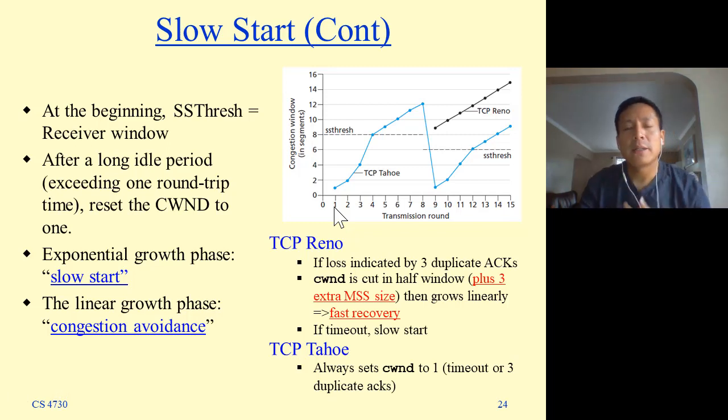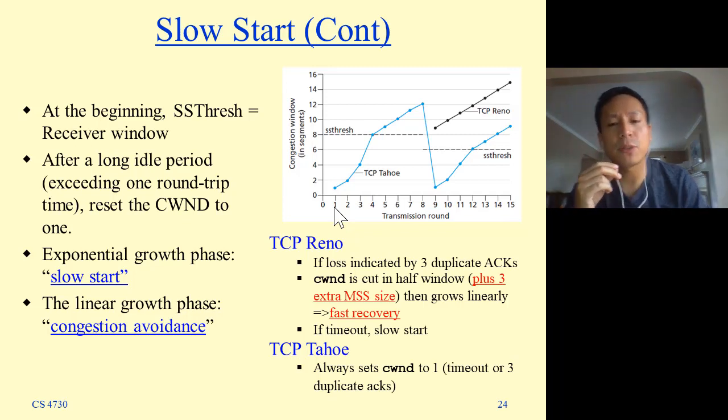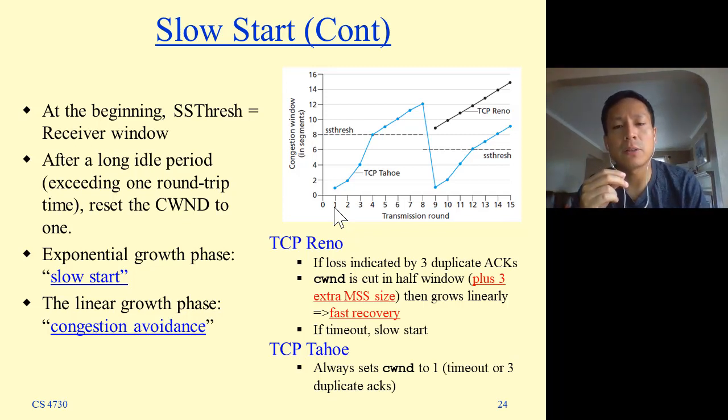So in the real TCP, we have two different TCP versions. Actually, there are many, but two very important and very typical ones are called TCP Reno and TCP Tahoe.